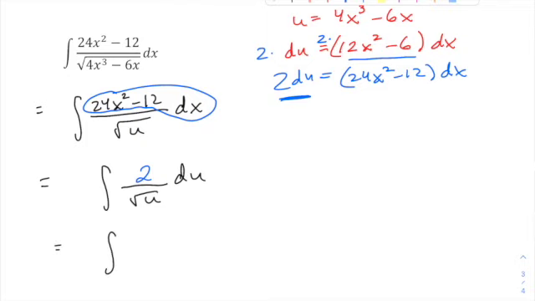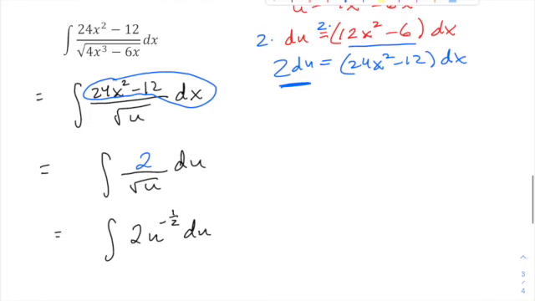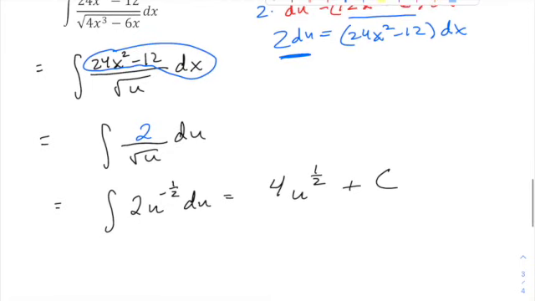So we have 2, and it's over root u, so that's really 2u to the negative 1/2, right? We bring that up, rewrite it with a positive exponent, and now add 1 to the exponent, divide by 1/2, which is going to make 4 out in front, plus c, and now switch back.